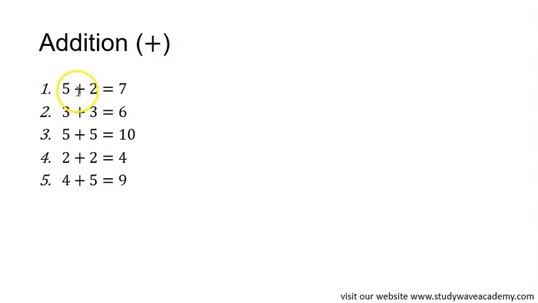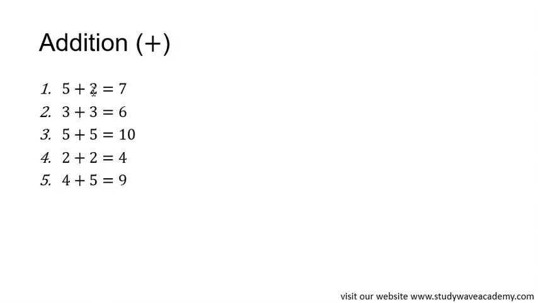One, we have 5 plus 2. Let's count 5 with our right hand, then 2 with our left hand. Let's go. 1, 2, 3, 4, 5. Now we count 2 with our left hand. 1, 2. When you're done counting, you add them together.